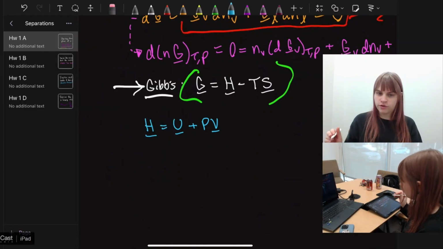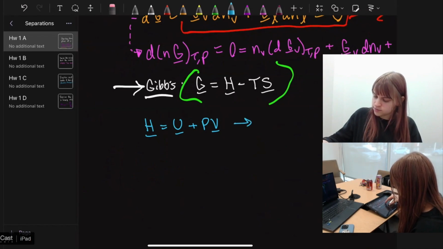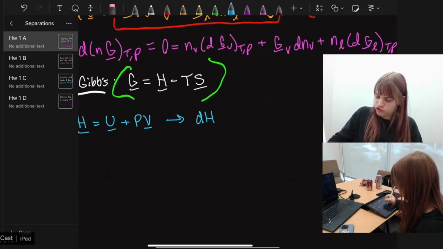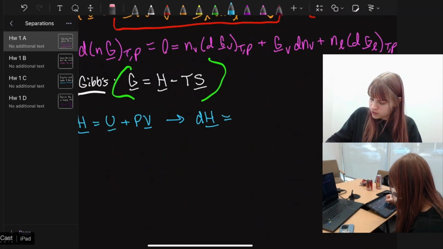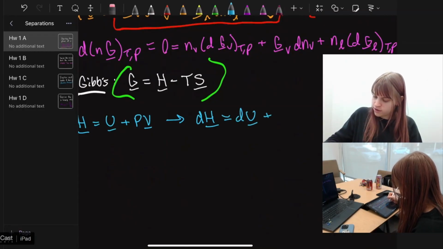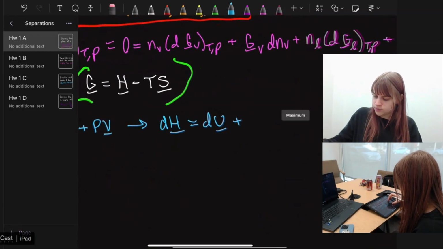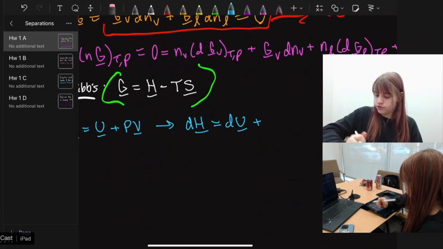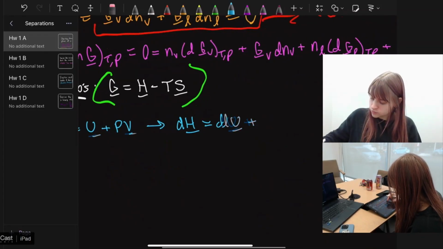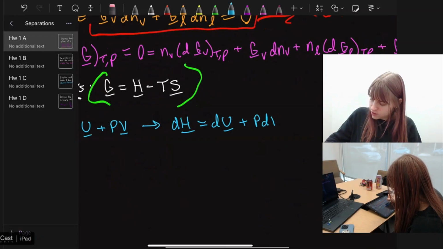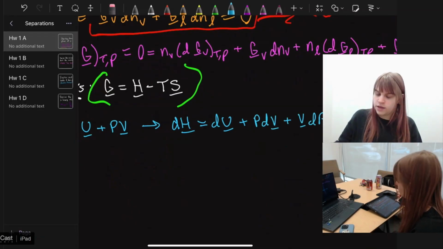And then we also want to say that dH is equal to dU plus, and then we have to do our multiplication derivative rule, P dV plus V dP.